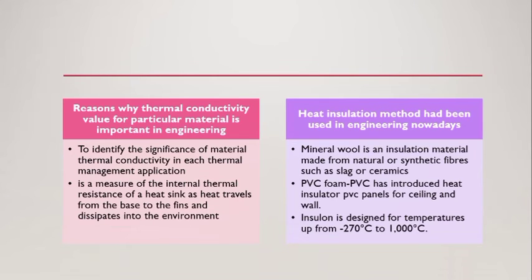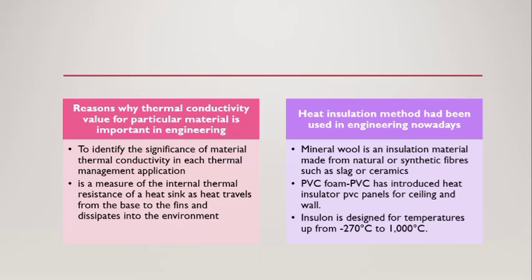Next, the reason why the thermal conductivity value for a particular material is important in engineering is to identify the significance of material thermal conductivity in each thermal management application. This is also to measure the internal thermal resistance of a heat sink as heat travels from the base to the fins and dissipates into the environment.